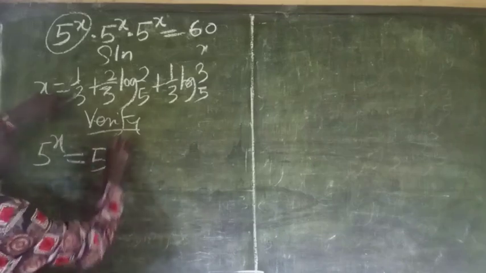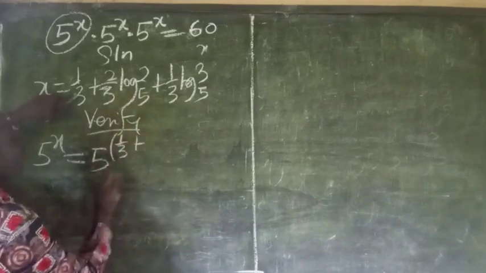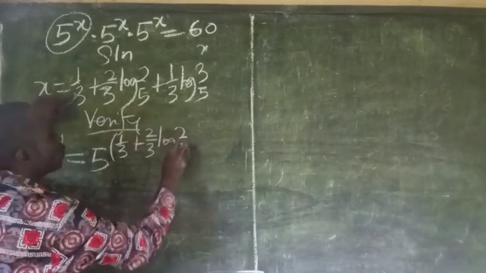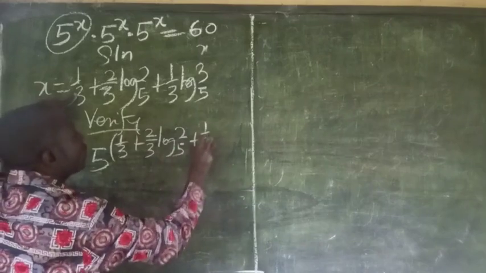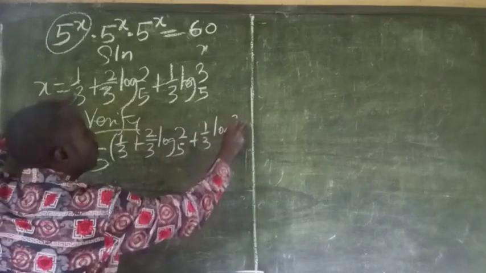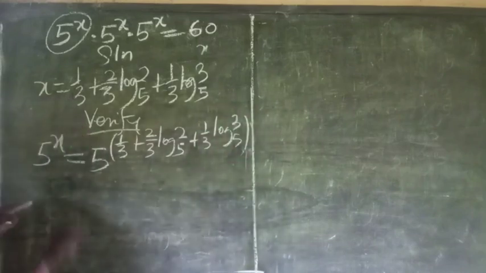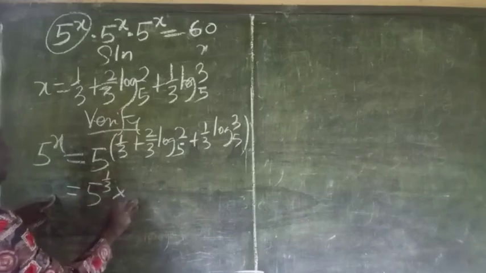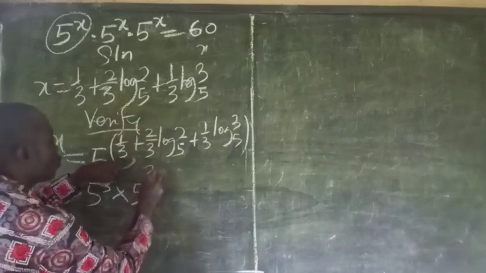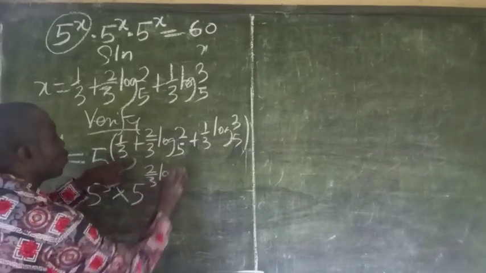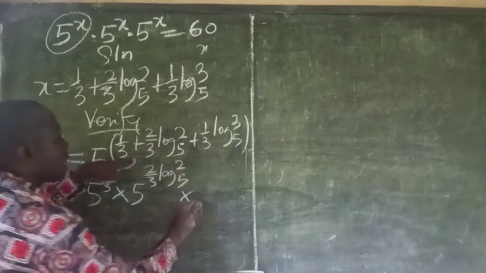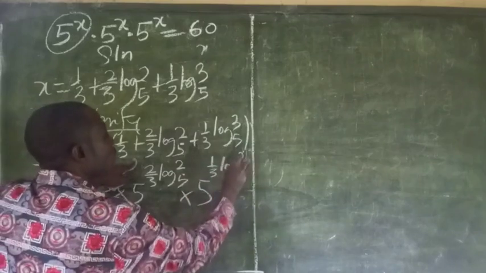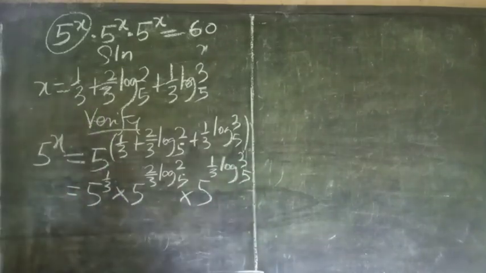In place of S, write 1 over 3 plus 2 over 3 log 2 base 5 plus 1 over 3 log 3 base 5. And if you do this, this is the same thing as 5 raised to power 1 over 3 times 5 raised to power 2 over 3 log 2 base 5 times 5 raised to power 1 over 3 log 3 base 5.